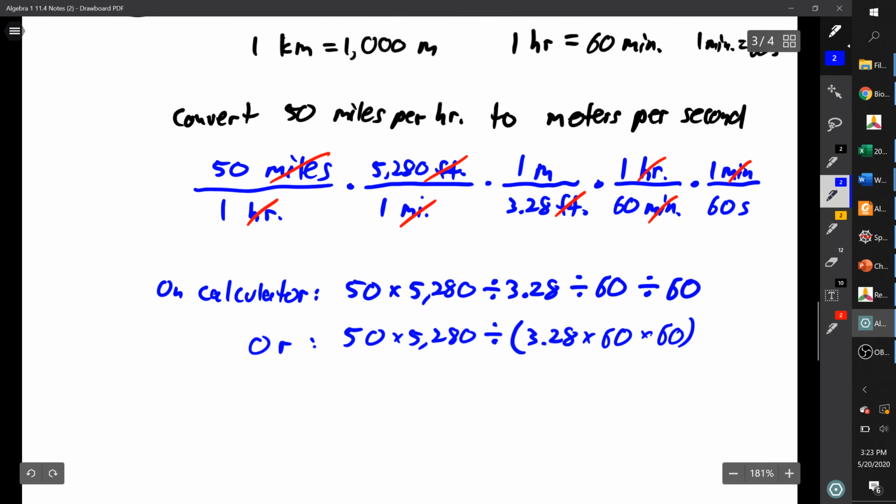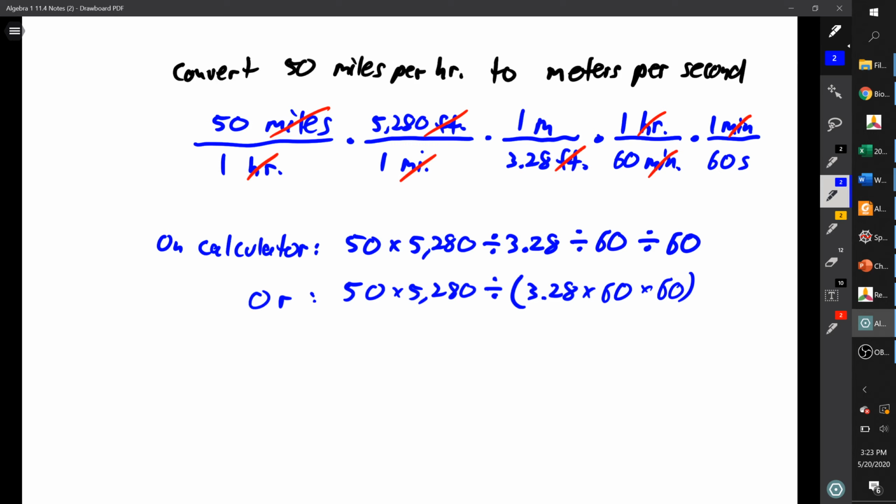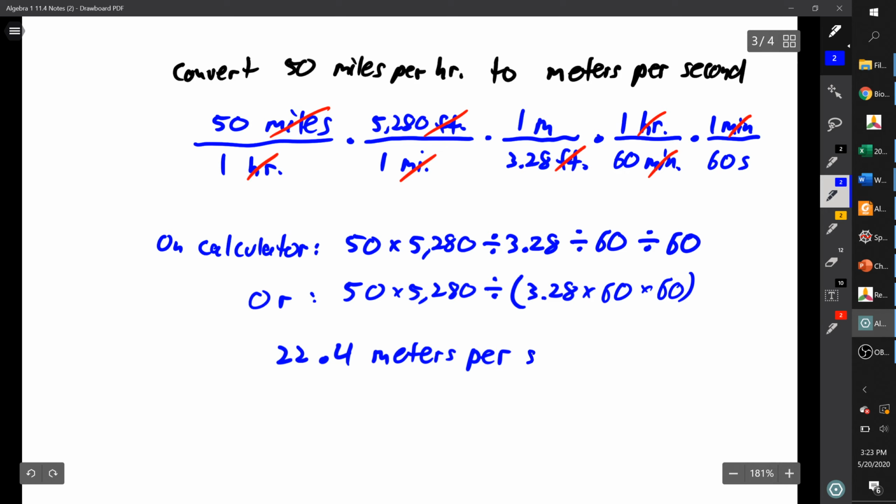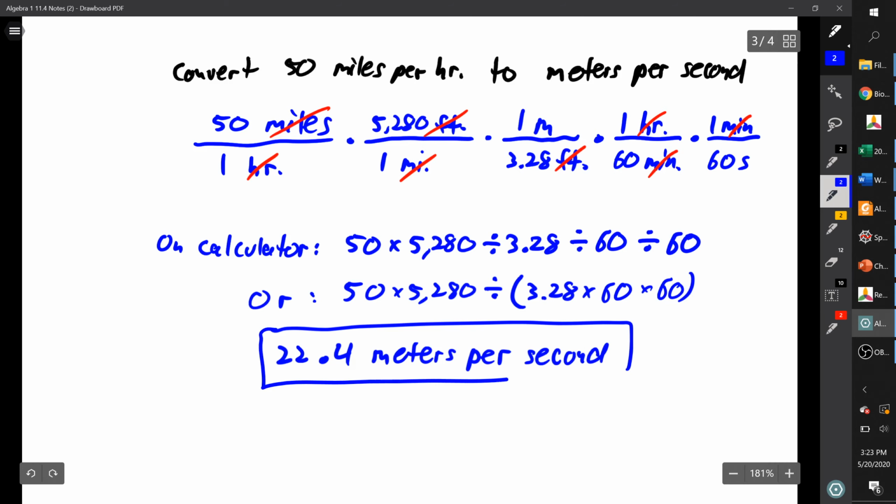You'll get the same thing either way. And what you will get is 22.4. So our answer here would be 22.4 meters per second. That is your answer there.